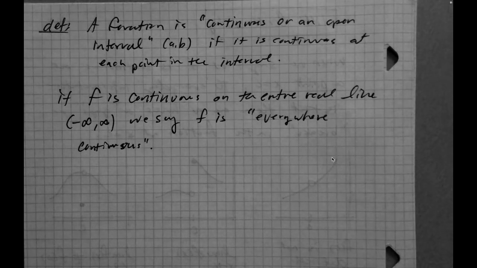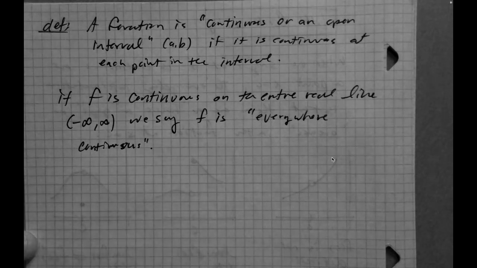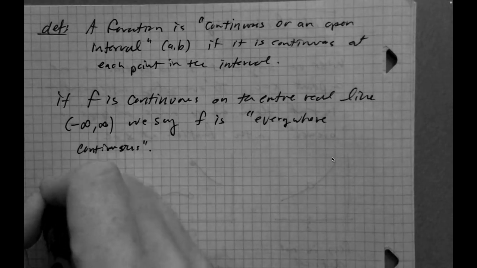So the next thing to discuss: if a function f is defined on an open interval I, except possibly at a point c, and f is not continuous at c, then f is said to have a discontinuity at c. So this is a definition of discontinuity.